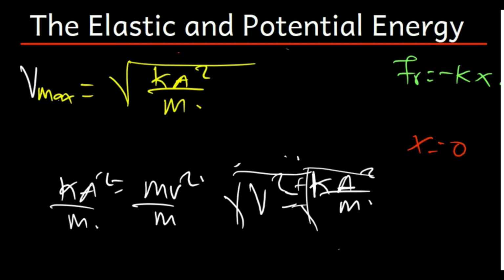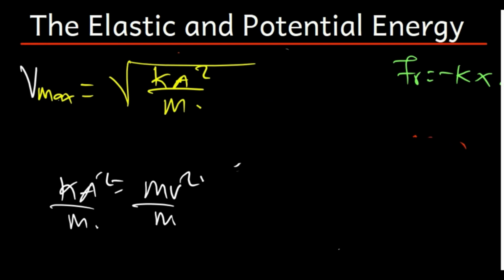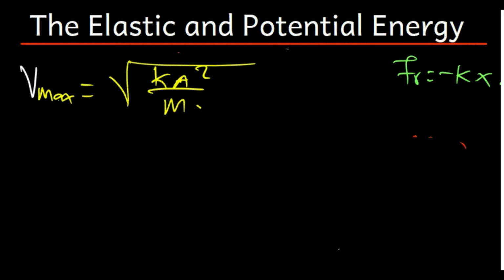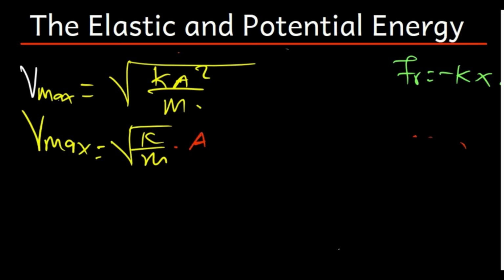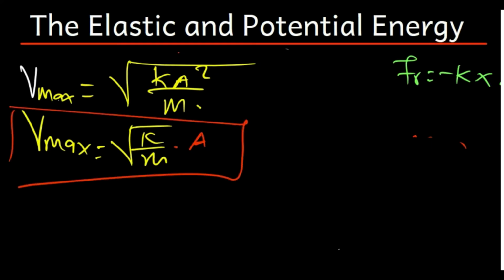Sometimes in some other books you are going to see this formula written as v max equal to the square root of k divided by m, with a put outside the square root, meaning this squared is eliminated. So this is the formula for finding the maximum velocity when x is equal to 0, or when the spring is at equilibrium position. That is very, very important.